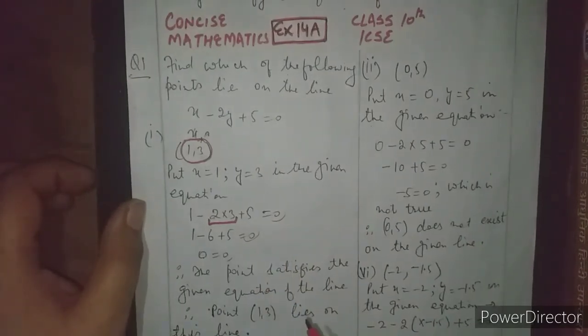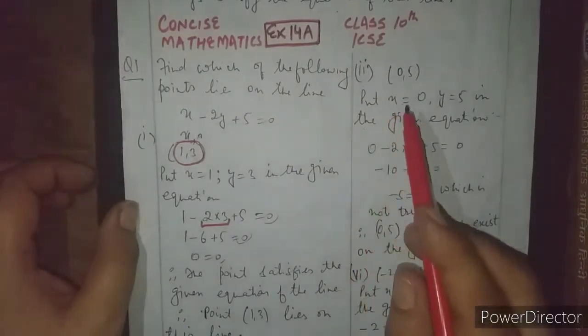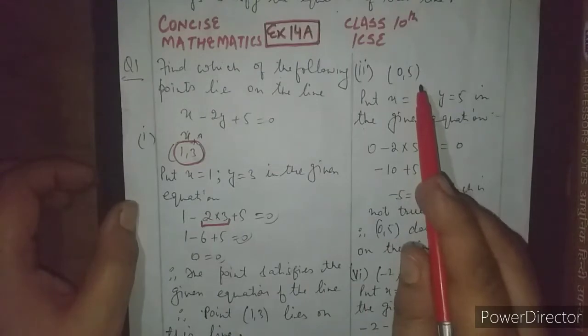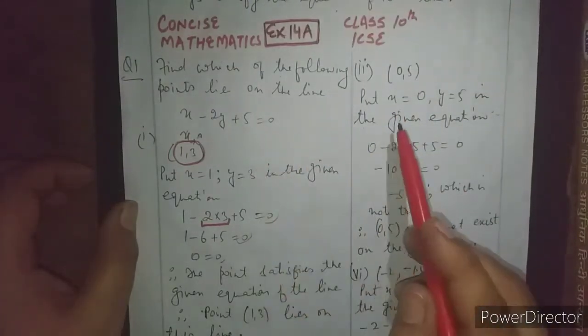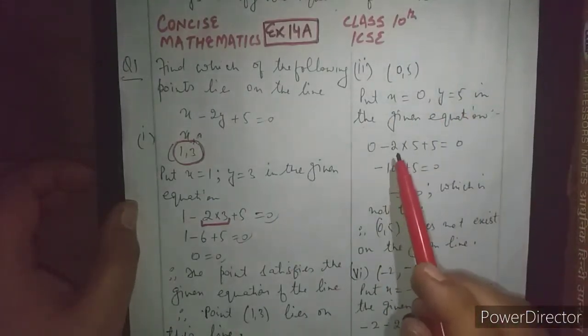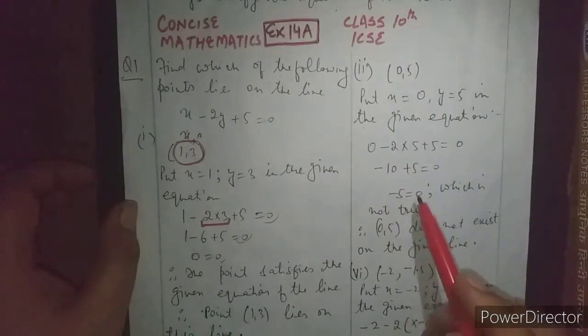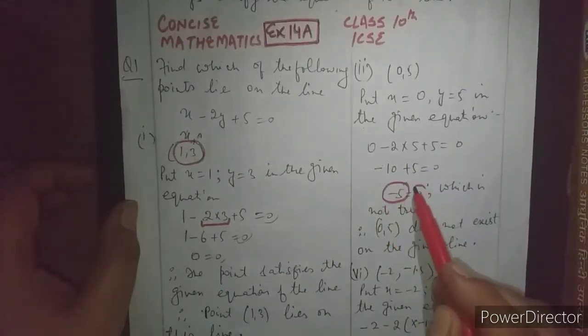Now exactly the same way we are going to solve the second part. Again the point given is (0, 5), and the equation remains the same. We have to put x equal to 0, y equal to 5 in the given equation. At the time of putting, we observe that finally LHS becomes minus 5, but our RHS is equal to 0, which is not at all true.